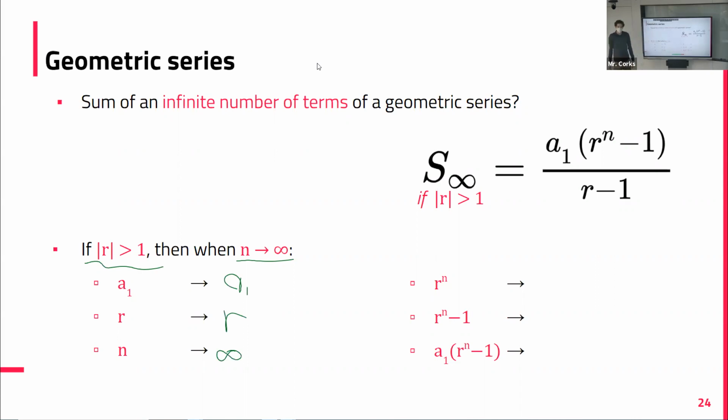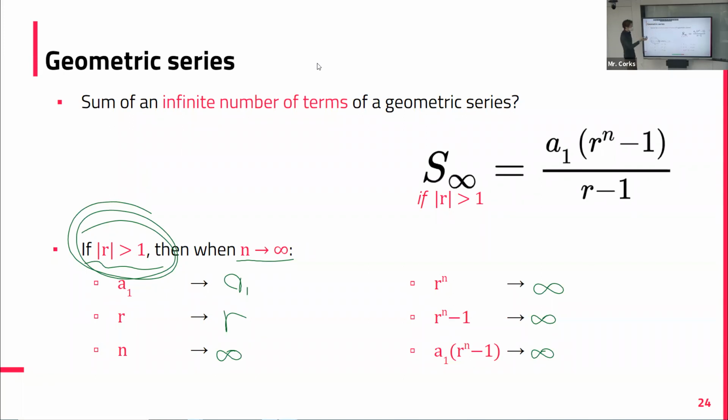That's the easy part. So R to the exponent n, as n approaches infinity, will approach infinity. That minus 1, infinity, and also infinity. So thinking about our formula, we can see how it makes sense that as our n gets really big, eventually our sum will go to infinity if the absolute value of R is greater than 1. That part's very important.